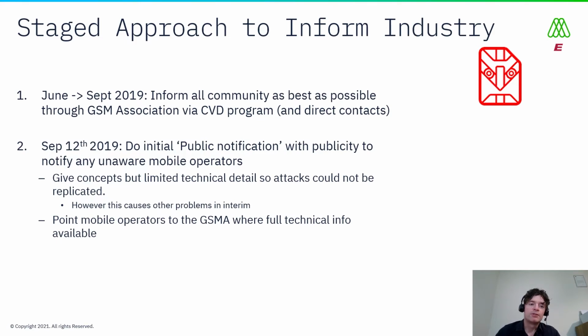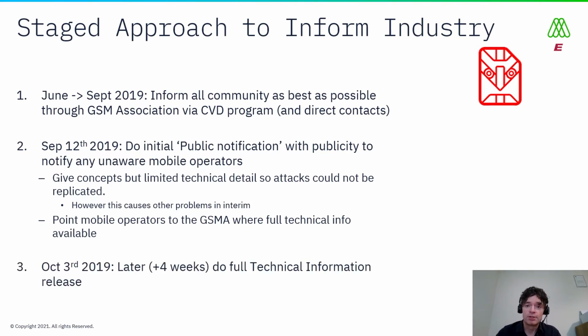So we did not want to have a situation where we're giving away full technical information without being certain that every operator had a chance to actually mitigate and put in defenses before that happened. And what we did do in that public notification is point mobile operators to GSMA, where full technical information was available. And then, of course, we presented the information at Virus Bulletin 2019, and that was 4 weeks later.